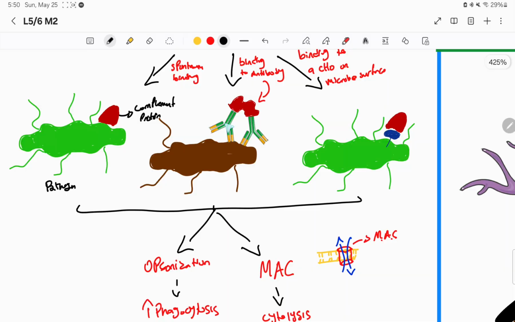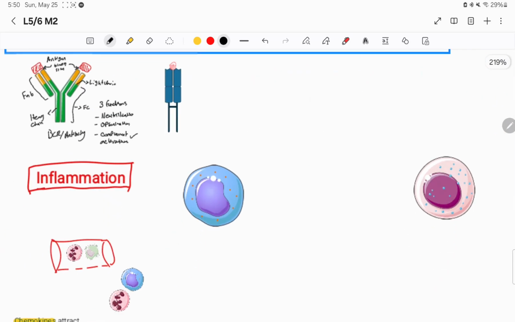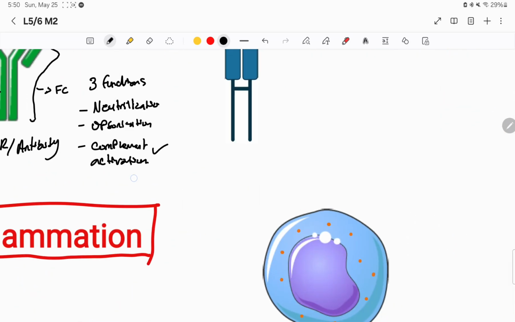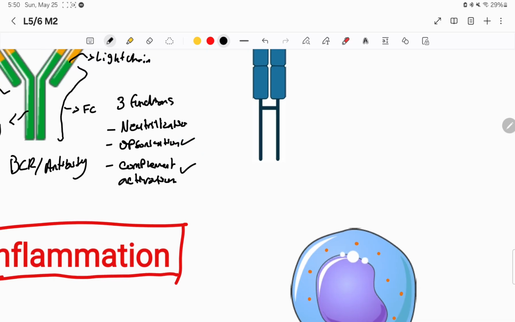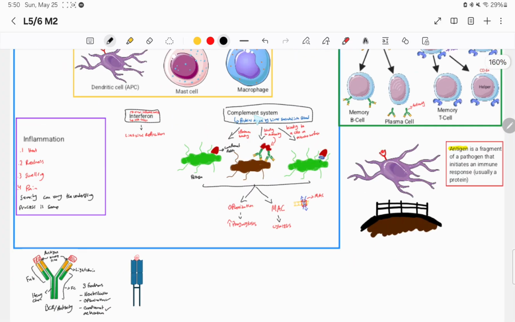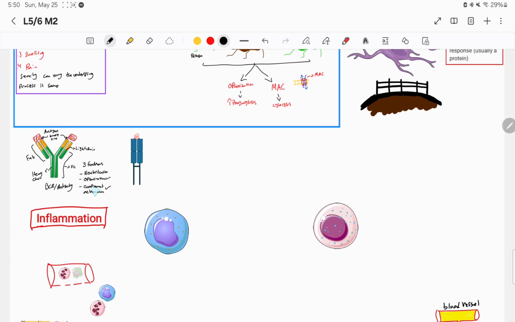The antibody binds to the surface of the pathogen, and then complement will come and bind to it and become activated. So that's one of its functions. The second function is opsonization. Just like the complement proteins can opsonize and increase phagocytosis, antibodies can do the exact same thing. They can make the pathogen look more tasty for our phagocytes.